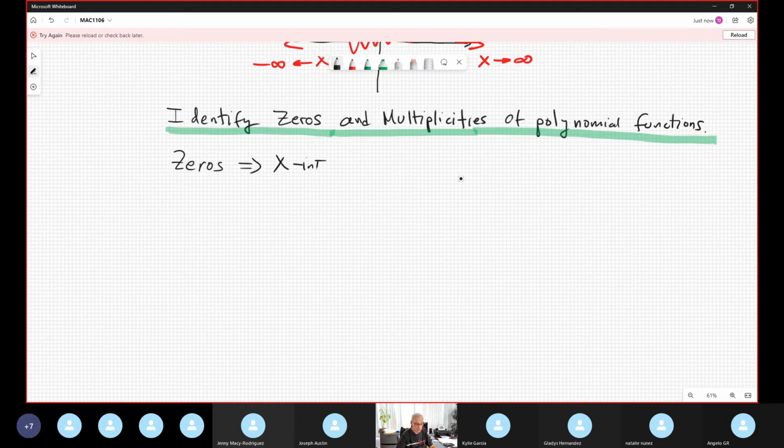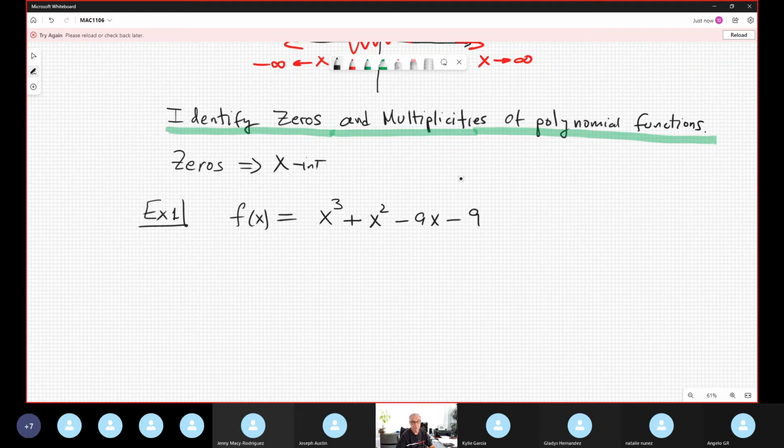So let me investigate one example of this, and also take advantage of the end behavior, because I want to. Suppose the function is f of x equals x cubed plus x squared minus 9x minus 9.